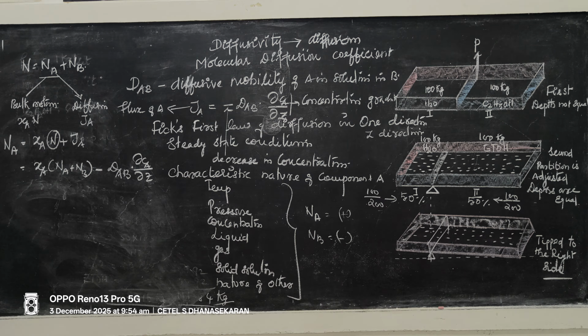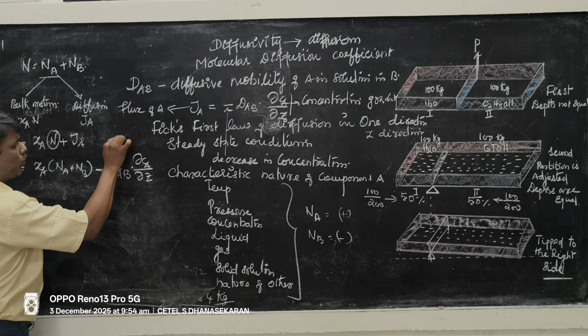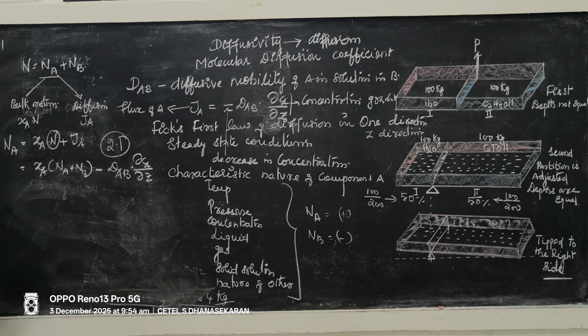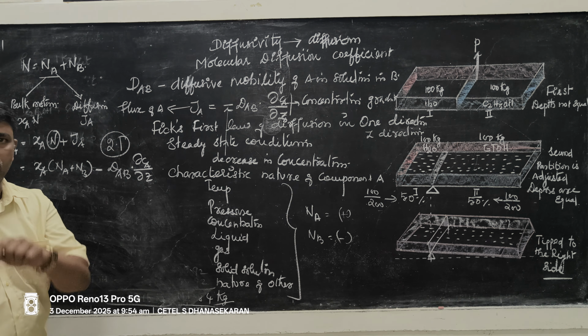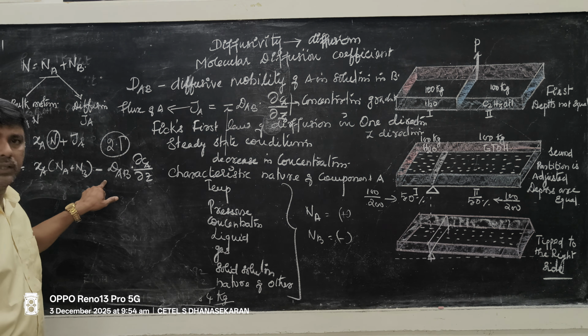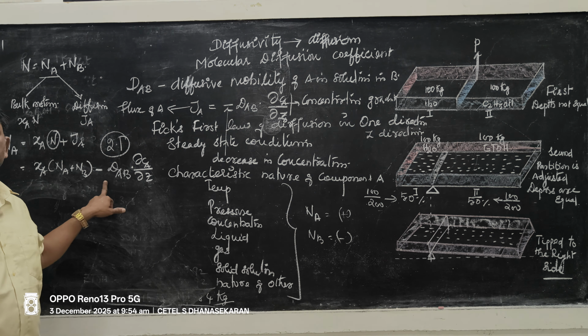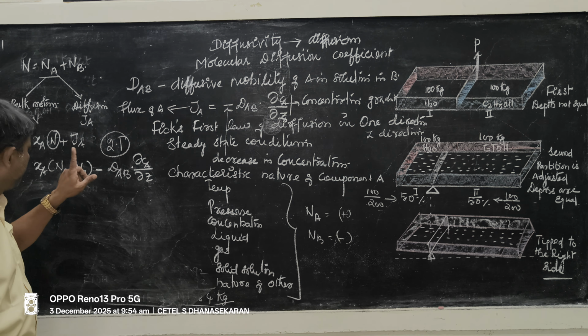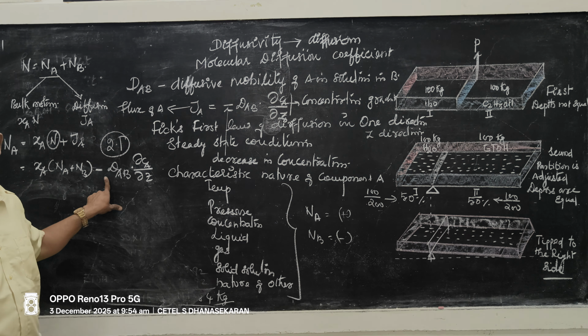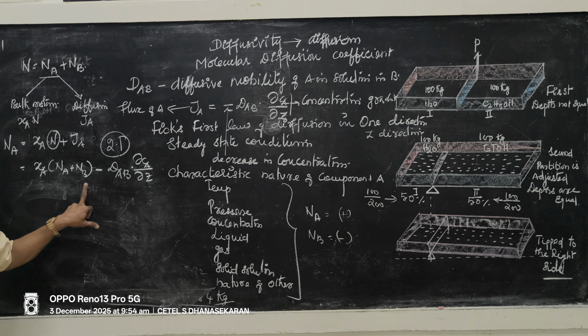This is equation number 2.1 in your Treybal's Mass Transfer Operations. This is the first stepping stone to enter into mass transfer operations. This is the basic equation. Don't forget, remember, this is the first equation.